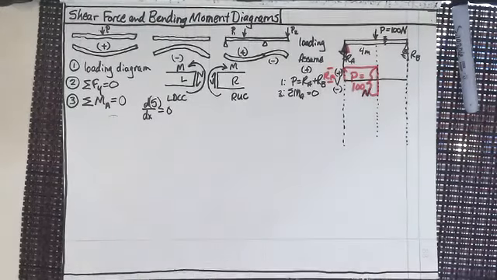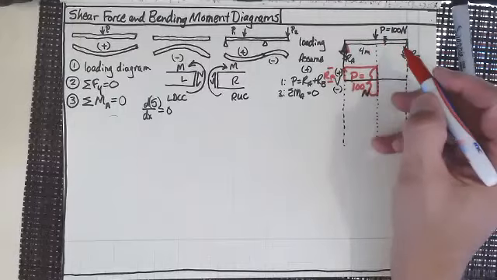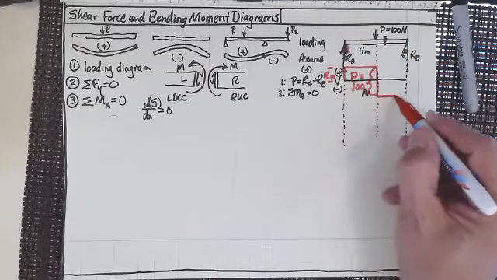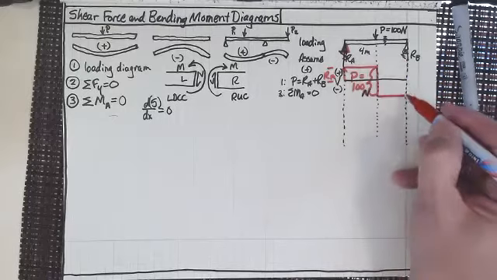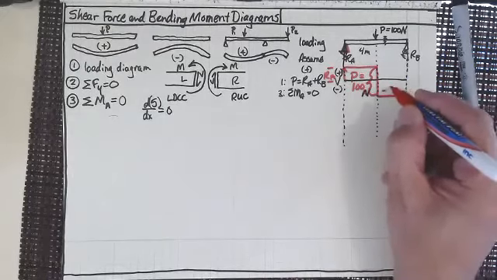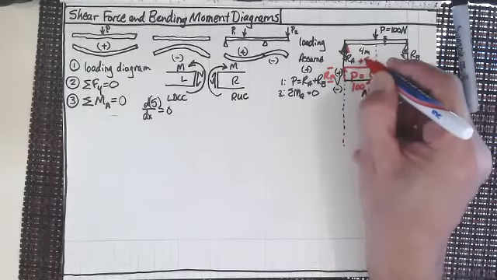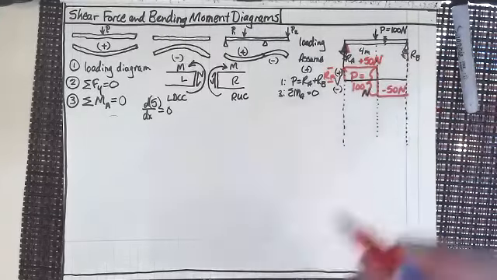Then what happens? Well, I don't see anything else. There's no other forces here, is there? So I just continue across. Well, that's not exactly the same, but you know what I mean. 100 newtons, so this would be minus 50 newtons. This would be plus 50 newtons.